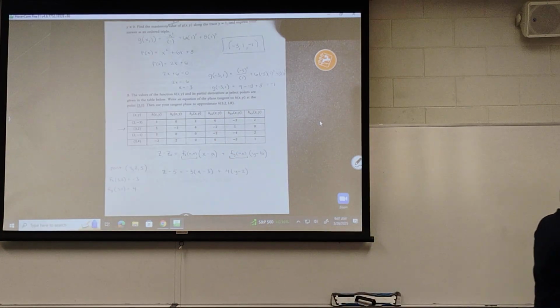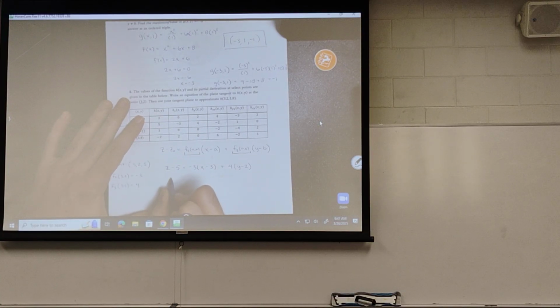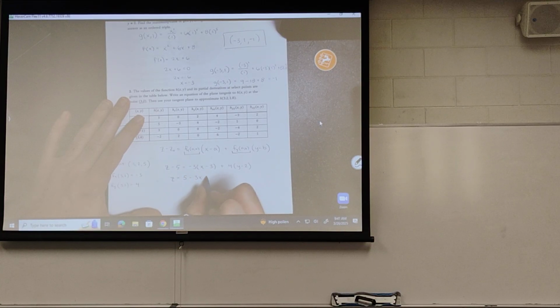So I'm still going to go ahead and distribute and clean up just a little bit, but I'm going to leave this as z equals something. I'm going to add the 5 over, minus 3x plus 9, plus 4y minus 8.